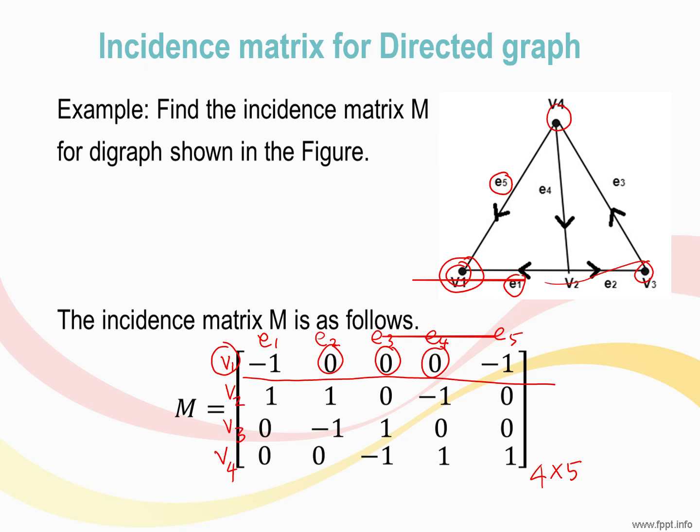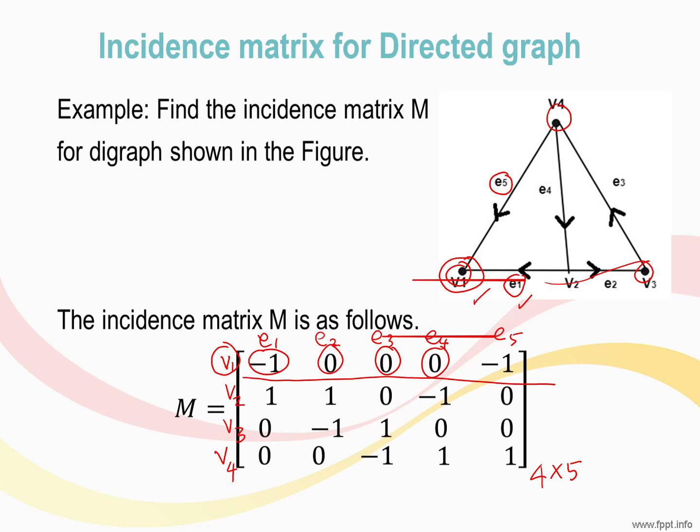Why is it -1? Because E1 is incident to V1, but the direction of E1 is into the vertex V1. From the definition, if the direction is into the vertex, then the element will equal -1.